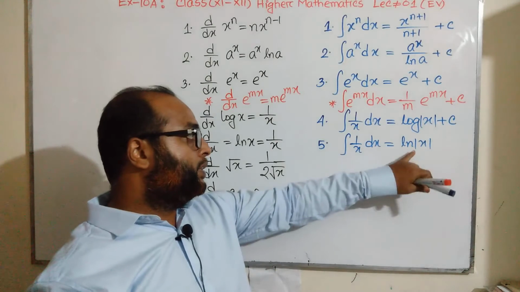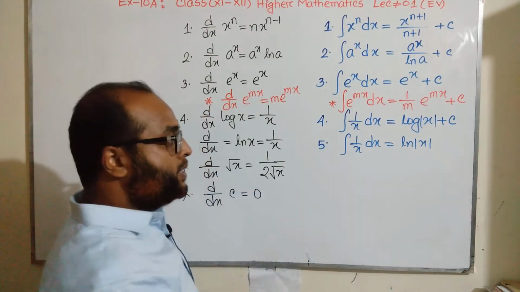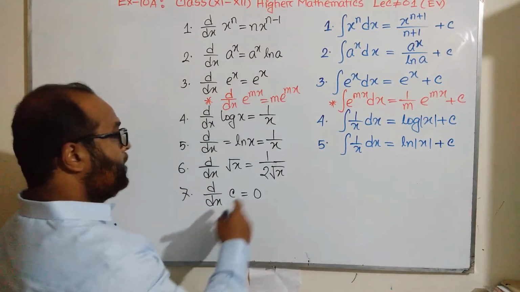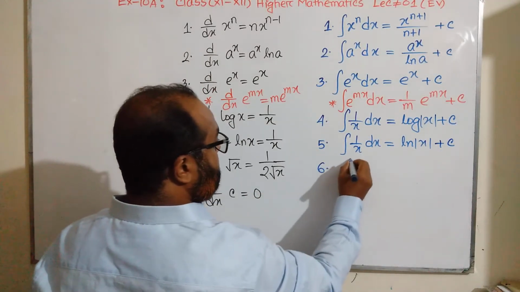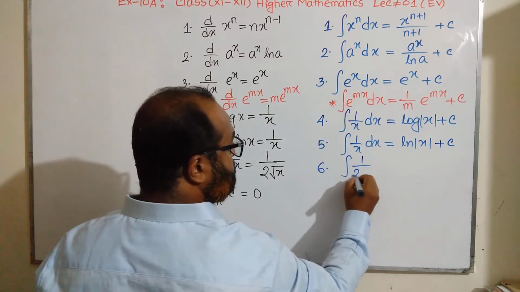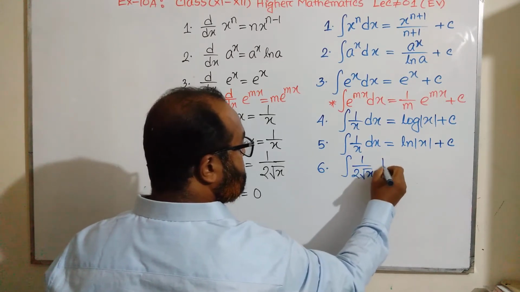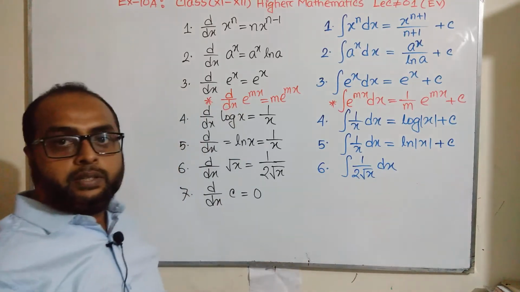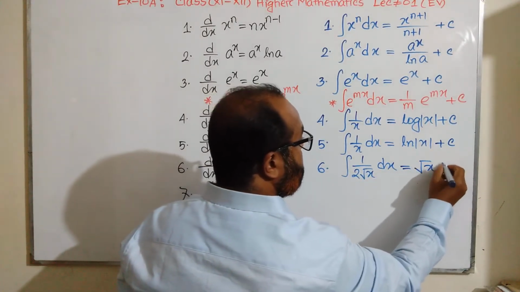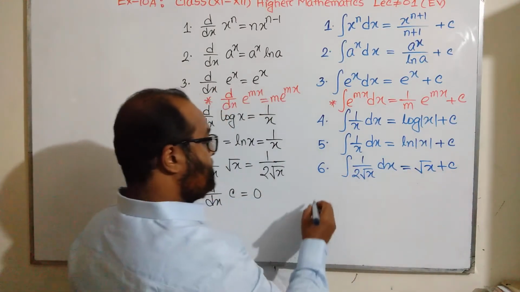For this reason we use the modulus sign, plus c. Number 6, integration of 1/(2 root x) dx is root x plus c.